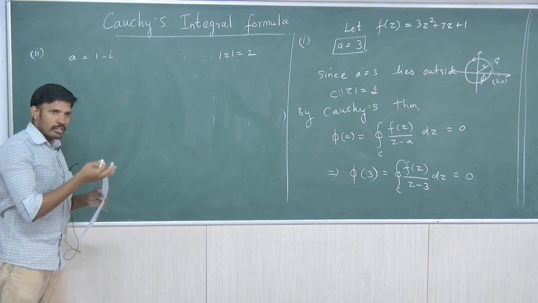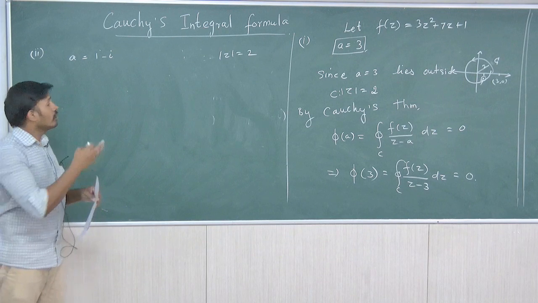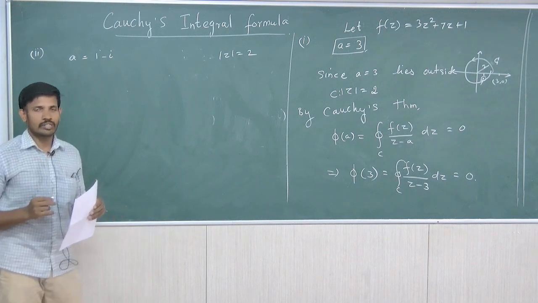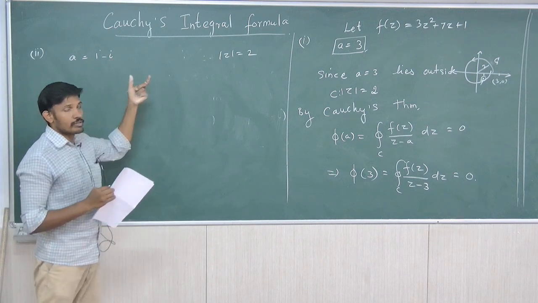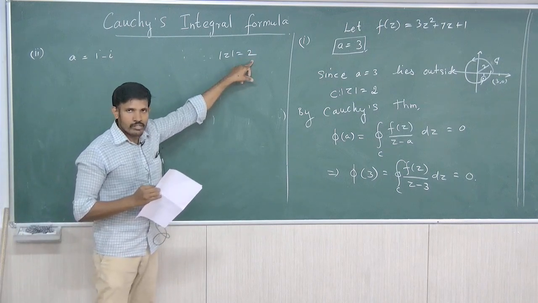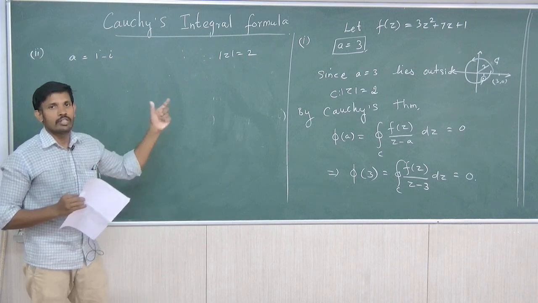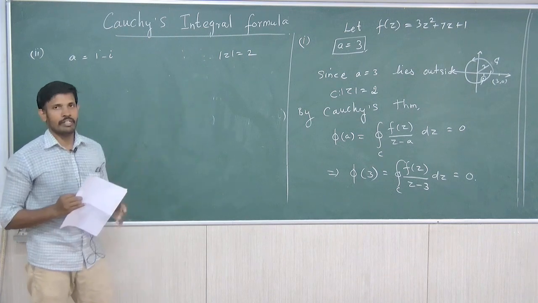If the left hand side is less than the right hand side, you can say that the point lies inside the circle. Suppose the modulus is greater than 2, that means the point lies outside the closed circle. Simply you can identify without using the image.